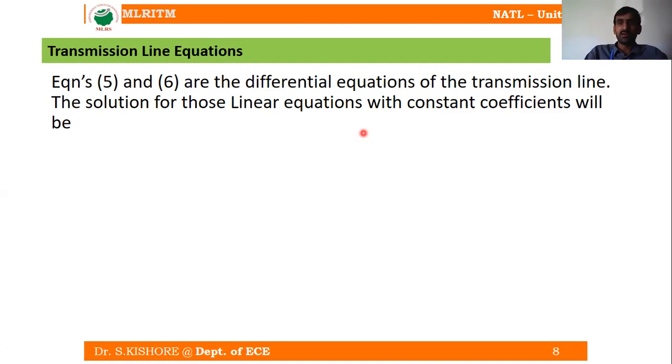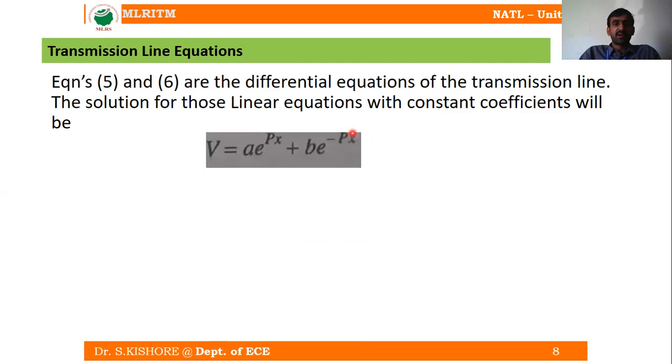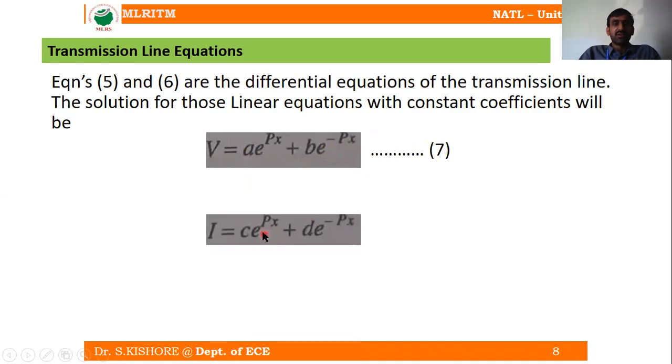With respect to equation number 5, d square v by dx square is equal to p square into v, the solution is v is equal to a e power px plus b e power minus px, let us say equation number 7. The second equation is I is equal to c into e power px plus d into e power minus px, equation number 8.